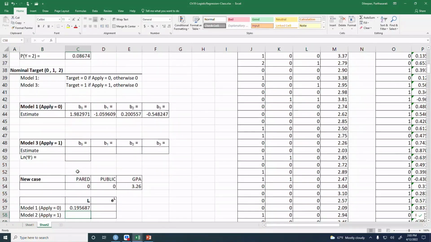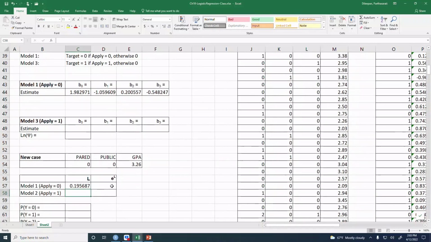Now, except that we're not going to compute e to the power of minus L now. We're going to do exp of L. Not minus L, L. We can go through the computations, and we will see how this is going to work in just a minute. But we have to use e to the power of L. Now this is for apply equal to 0, and then we need another model, apply equal to 1.